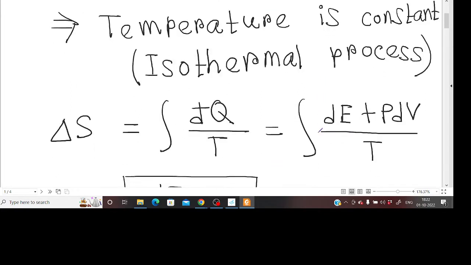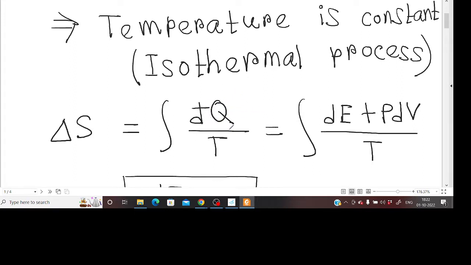Now, what is the change of entropy? This is the definition of the change of entropy, integral del Q by T. Here del Q is an imperfect differential. This I have discussed in the previous class. And what is del Q?